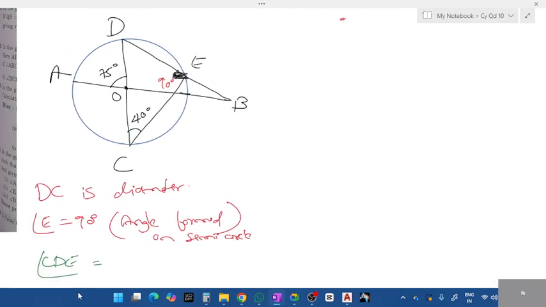Again, a simple question, only if you realize that DC is a diameter. If not, you won't be able to solve it.